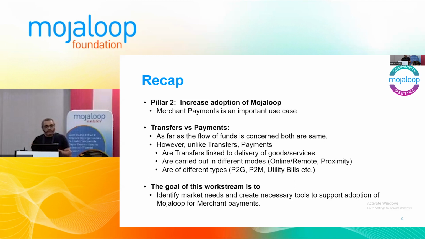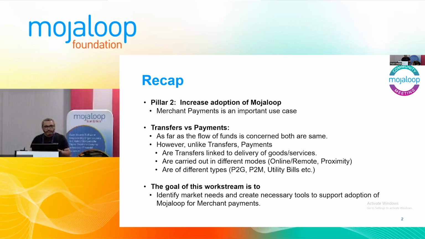But unlike transfers, the universe of payments includes not just the transfer of money, but linked to it a delivery of a good or a service, and the implication being that if that service is not delivered, then you have to think about disputes, chargebacks, and rules around that as well.